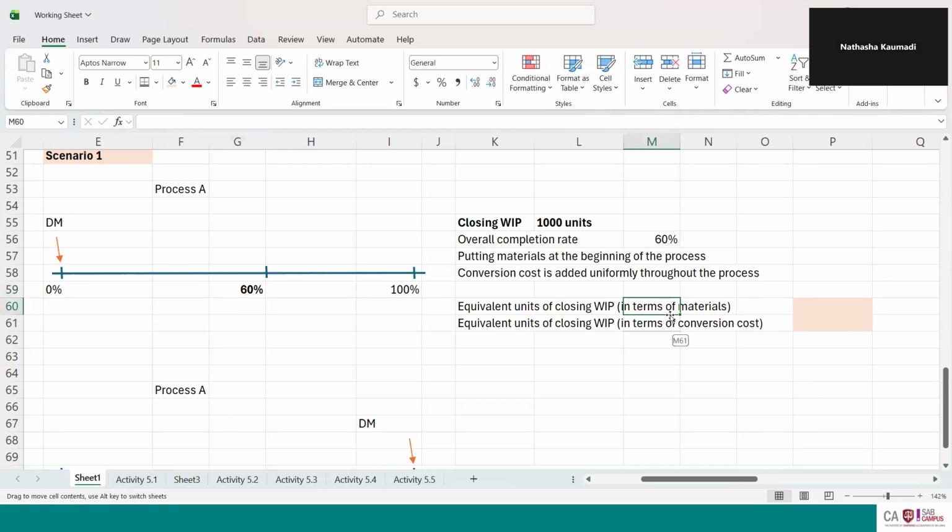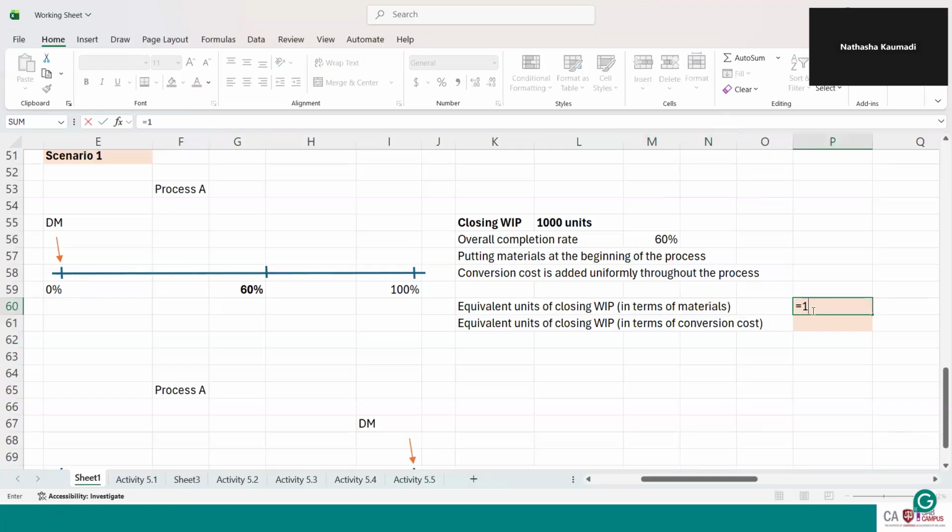Are you 60% completed or 100% completed? I would say you are 100% completed in terms of materials, remember. Since you have taken the full material requirement at the very beginning of your process, you don't have any materials left. You have taken all the materials, 100% completed.